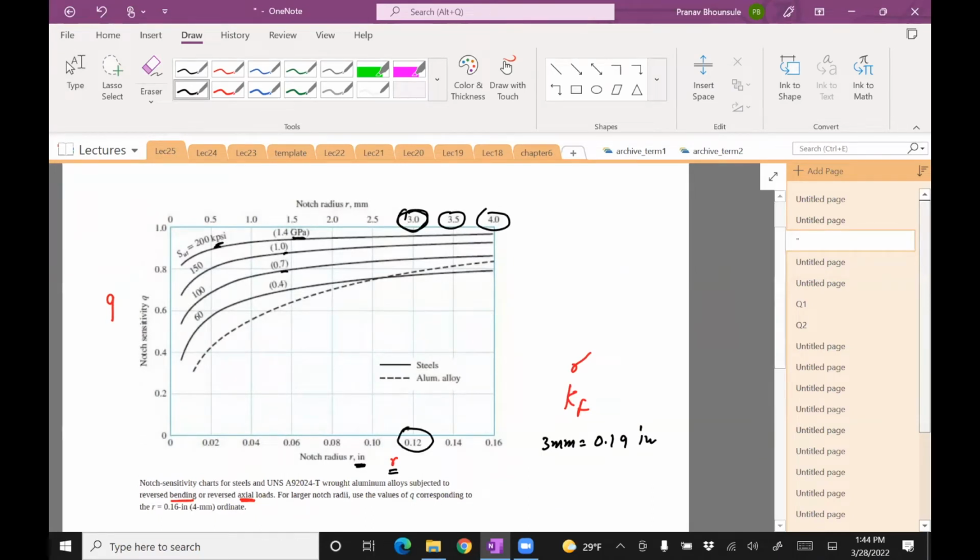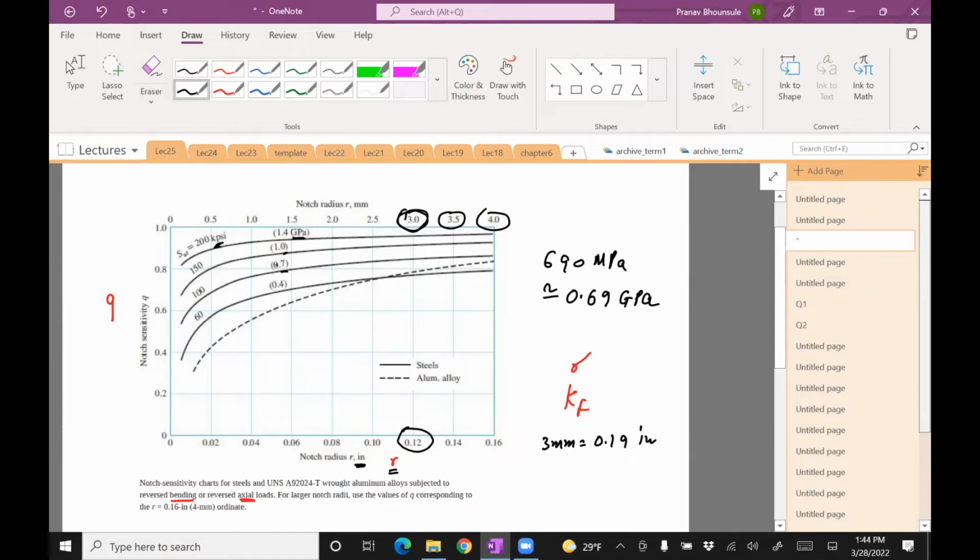0.2. Yeah, good. So 3 mm is here. And we also have 690 MPa. So 690 MPa is also 0.69 GPa, which is about 0.7.